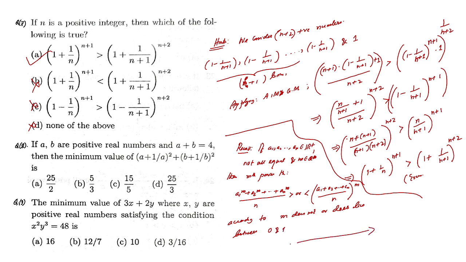So that means if we draw the real line and put 0 and 1, if m lies between these numbers, in that case the less than inequality holds, and if m is greater than 1, in that case the greater than or equal inequality holds. Now the problem is simple.